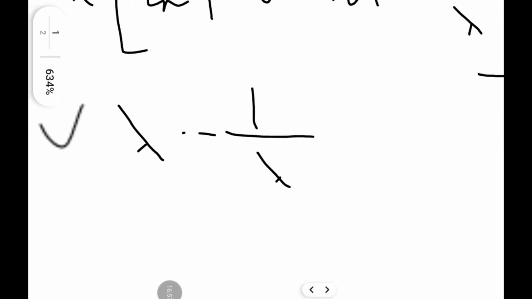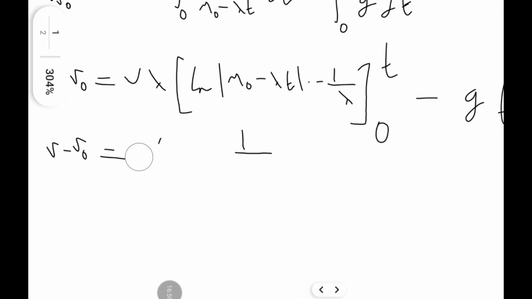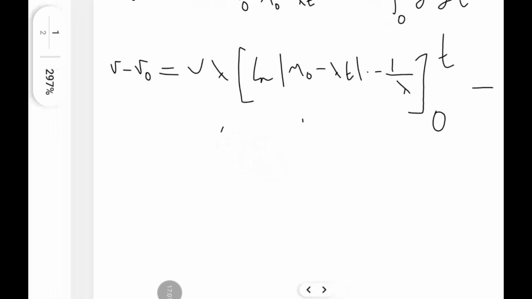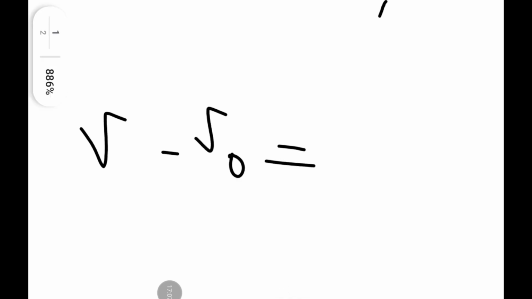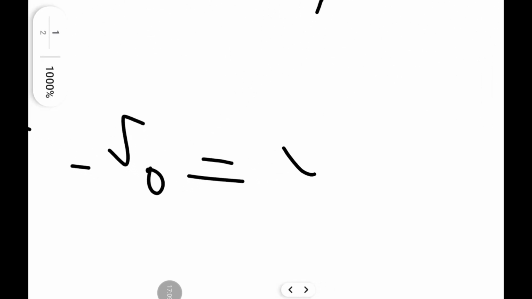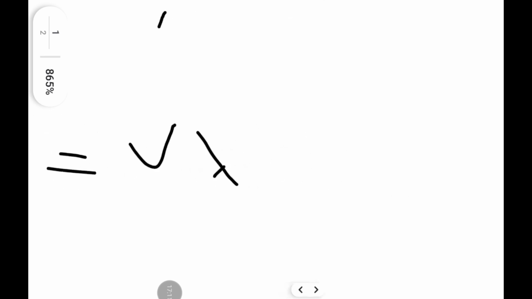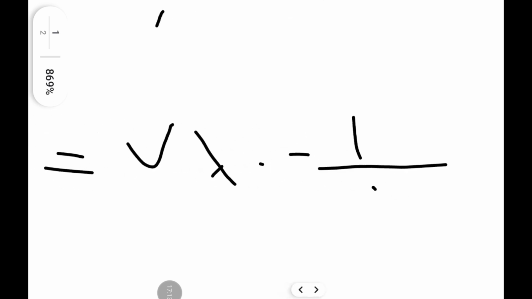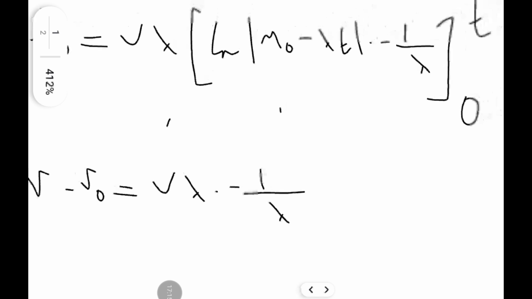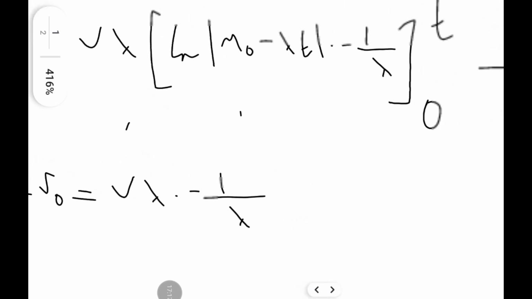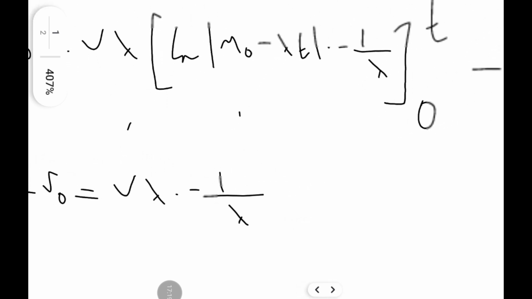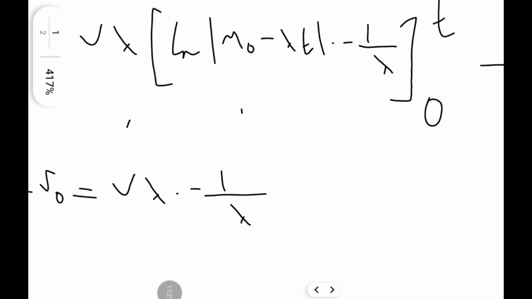Sorry, it's not very clear. I keep forgetting how much space integrals take up. So it's v minus v0 is equal to u lambda dot negative 1 over lambda, and then it's going to be, when it comes to ln of m0 minus lambda t, I'll make it clear for you.